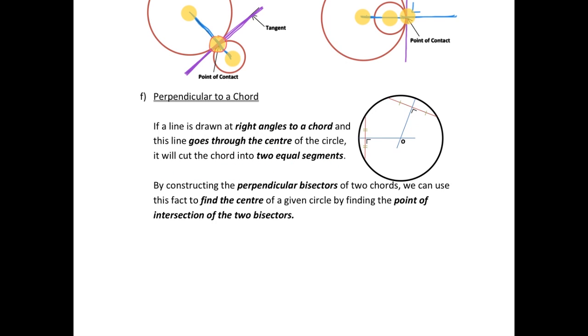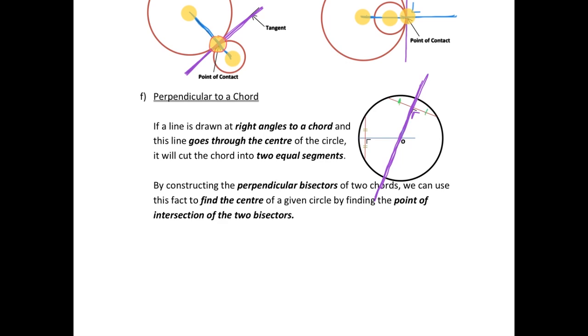So conversely, if we cut it into two equal parts first, then we know that line that is perpendicular will go through the center. If we construct our perpendicular bisector to, say, this chord up here, it'll cut the chord in half and be perpendicular, and we know somewhere on this purple line will be the center of our circle.